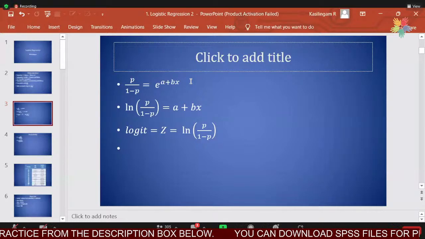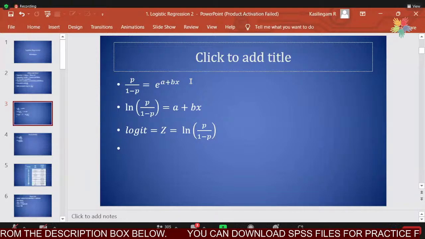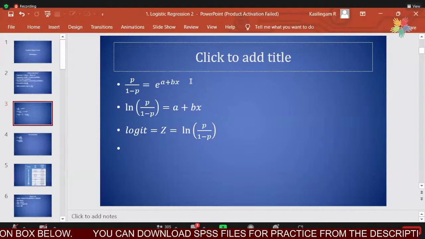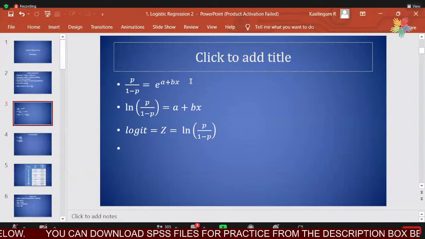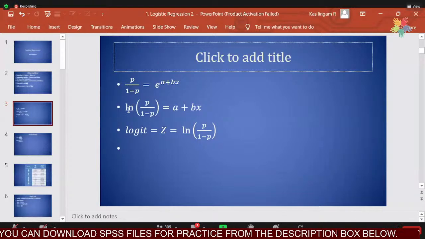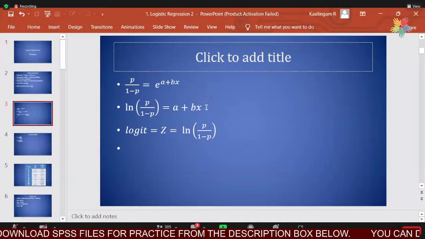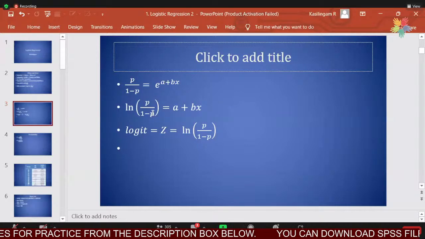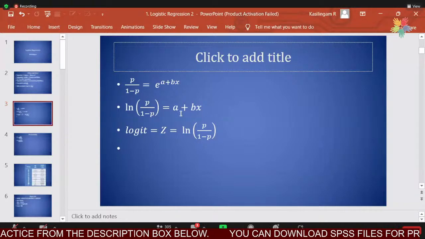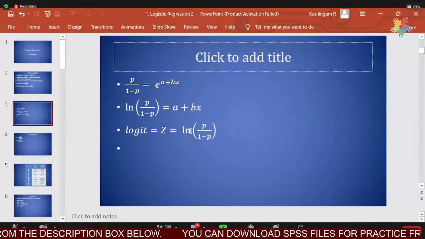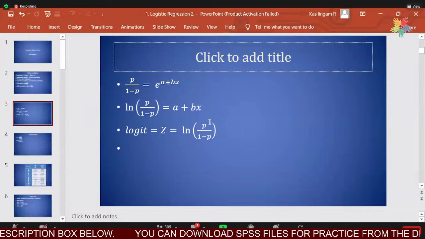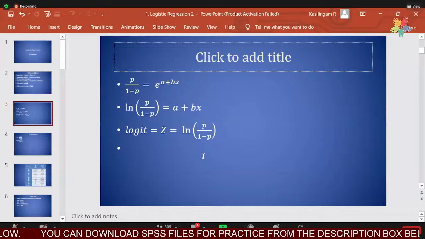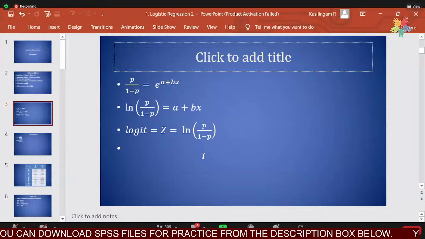If you take the log, it will remove it. So that is why I am taking the natural log, which is equal to this. Since this is my dependent variable, we call it the natural log. So logit z is equal to ln of the probability of getting admission divided by the probability of not getting admission, right?